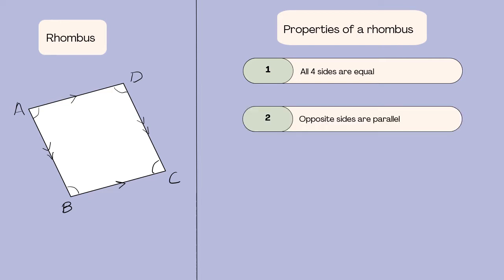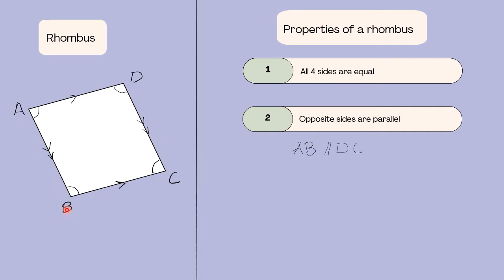The next property of a rhombus is opposite sides are parallel. So opposite sides meaning, for example, we have the side AB. So AB is parallel to DC. So this is the symbol for parallel. So again, if AB is 5 centimeter, then DC is also 5 centimeter.